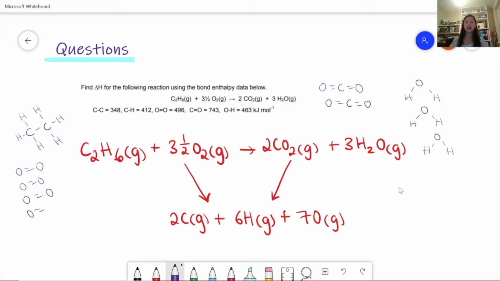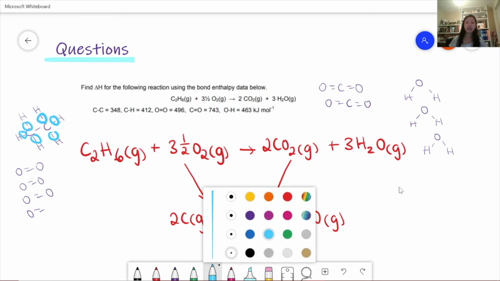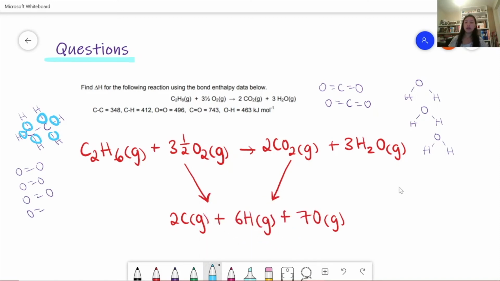So here for C2H6, we're first going to look at the CH bonds and see how many we need to break. So we have 1, 2, 3, 4, 5, 6. So we're breaking 6 of the CH bonds. So it'd be 6 times 412. And then we have a look at this bond here, and this is a carbon-carbon bond.